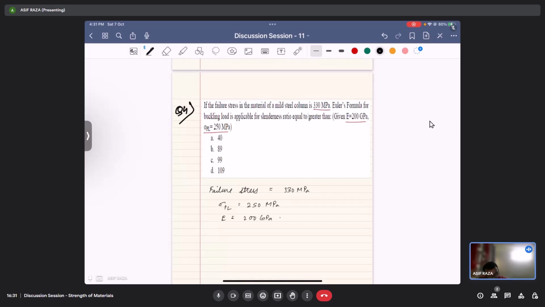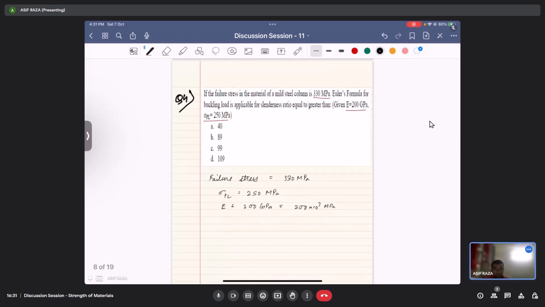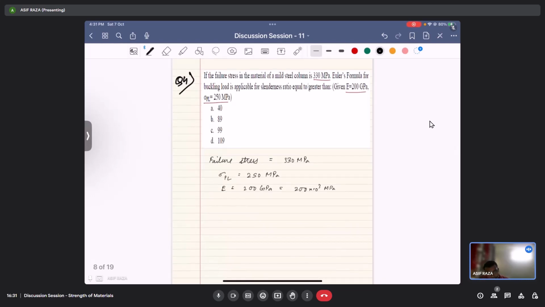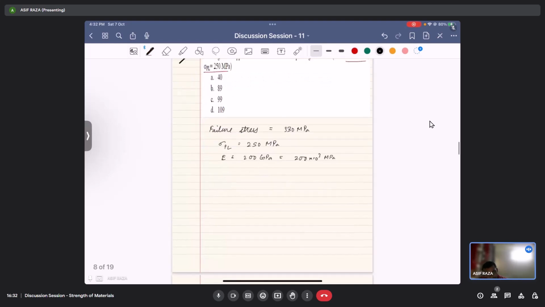I can write it as 200 into 10 power 3 megapascal. Now further, Euler's formula for buckling load is applicable for slenderness ratio. So for this question, Euler's formula must be applicable.